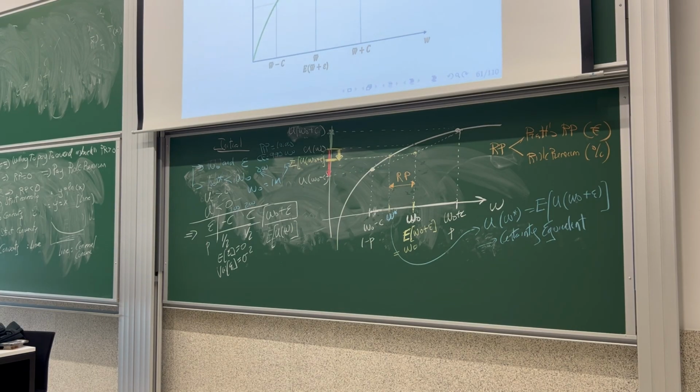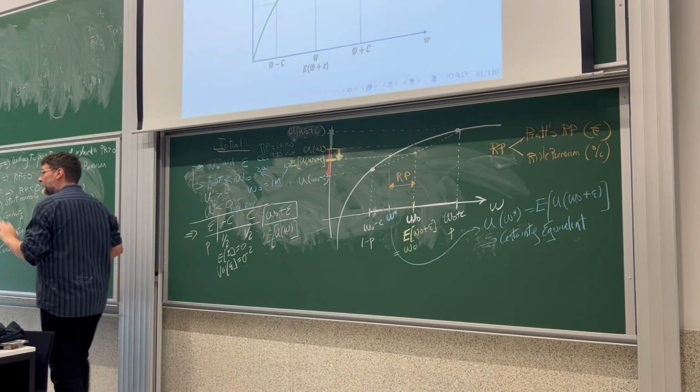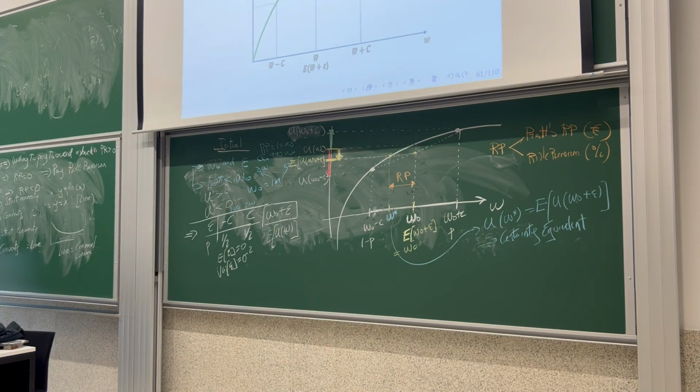A risk averse individual, taking this omega, the expected value of omega plus epsilon, which is also omega, prefers the certainty scenario to this scenario. Exactly.